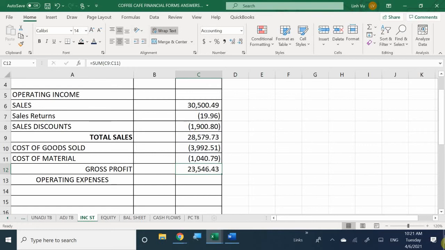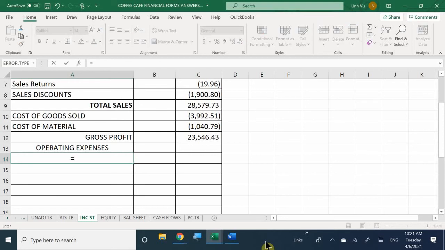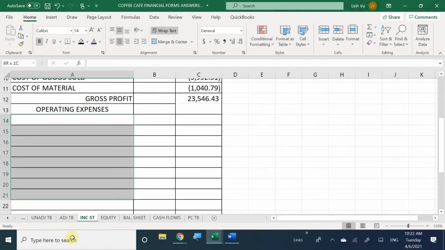Now I need to figure out what were my operating expenses. So that means we're going to list out every single expense that is contributed to my operating expenses. So first things first, let me go ahead and format this real quick because it's not formatted.